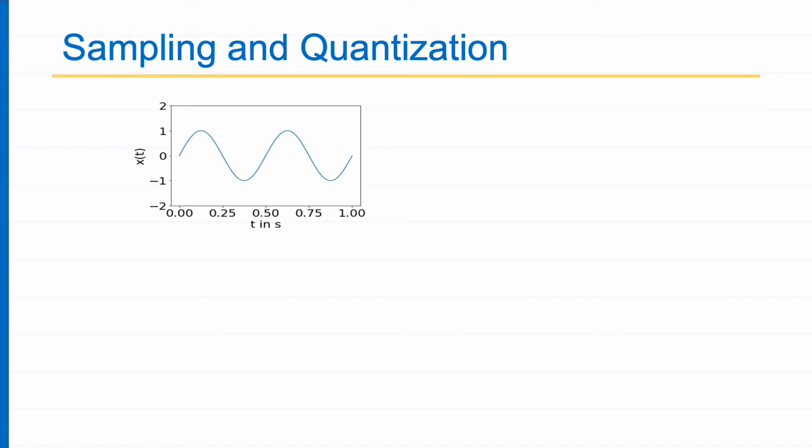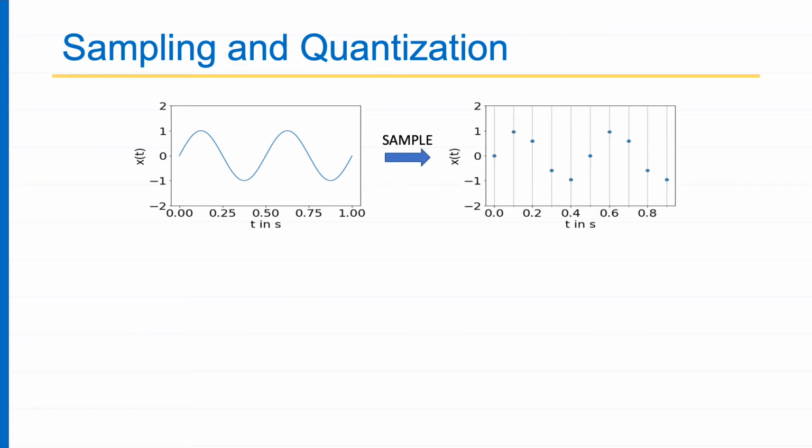So that is why I need to convert this continuous time, continuous in amplitude signal, into discrete in time and discrete in amplitude. That is sampling and quantization. Sampling means I am discretizing it in time. Okay, let's see, this is what happens.